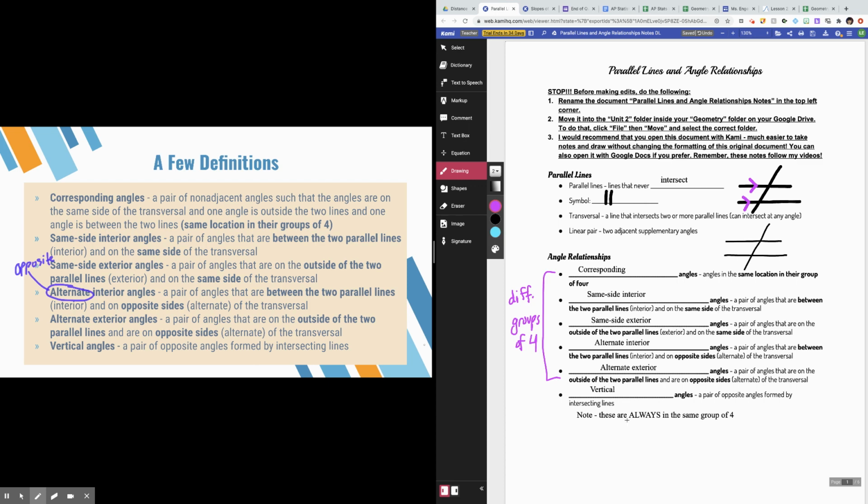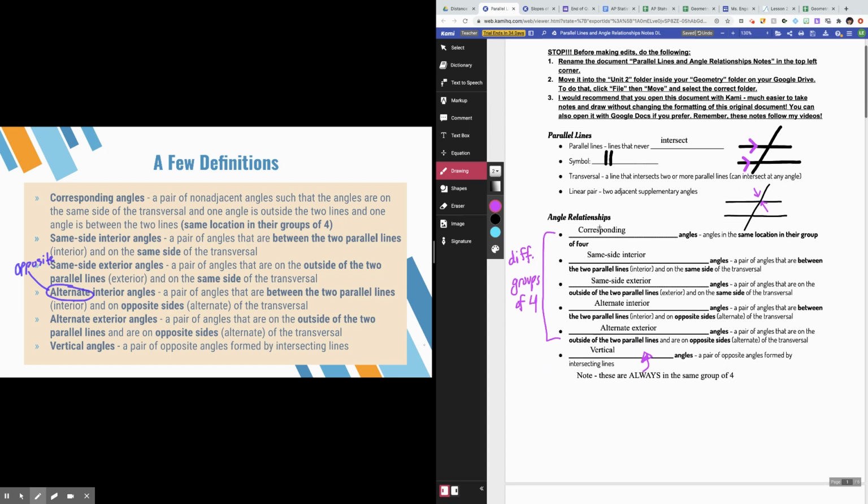But the vertical angles will always be in the same group of four. Those are the ones that are right across from each other in an X that's formed. So you have like this angle and this angle, for example, are vertical angles, and they can happen in any group of four.